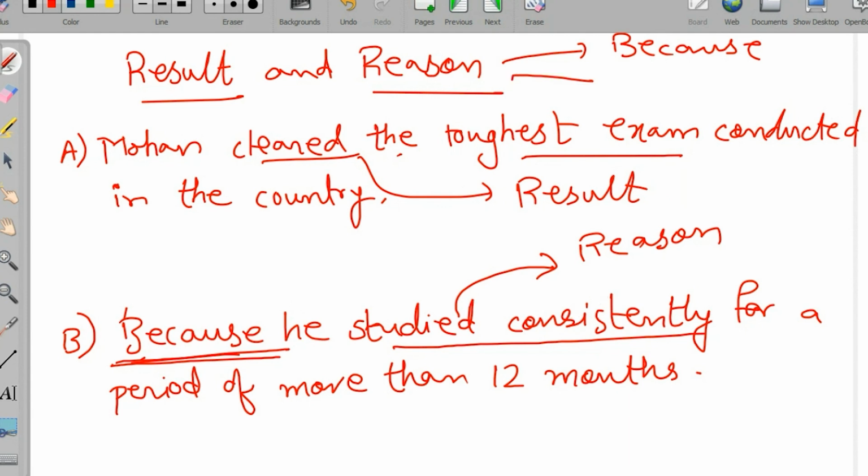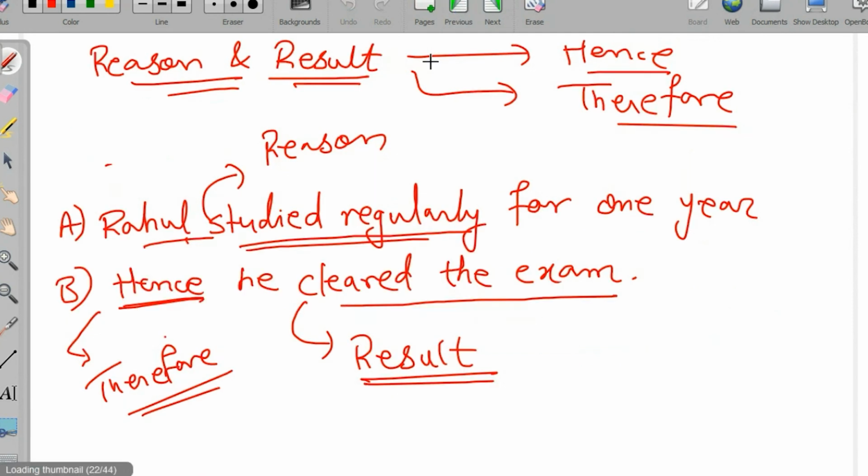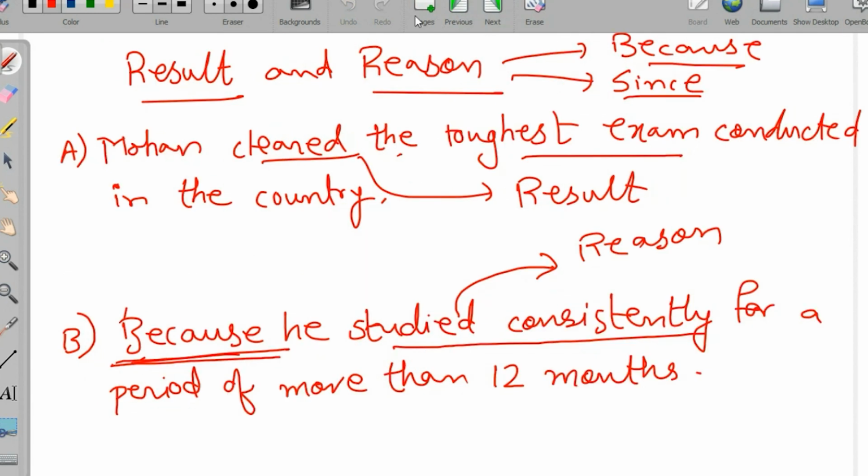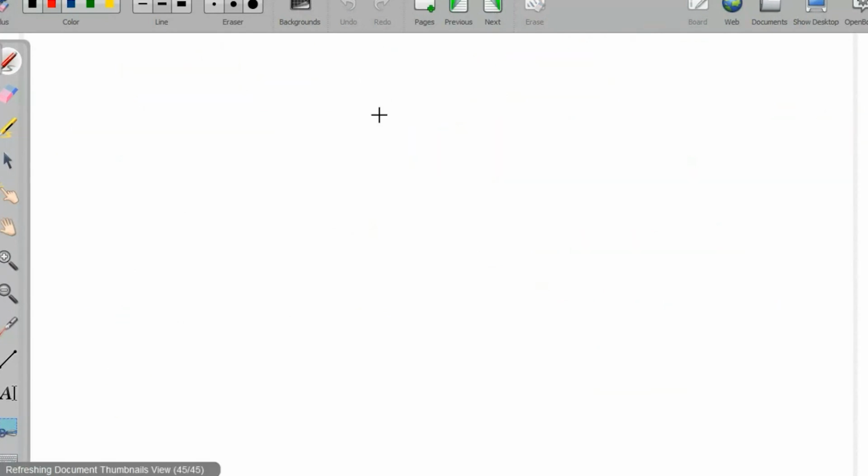So because can be replaced with since also. So result and reason have two important words, that is because and since. Whereas reason and result have two important words, hence and therefore. Okay, I'll make a separate slide of this if you want, so that it will be easier for you to understand.